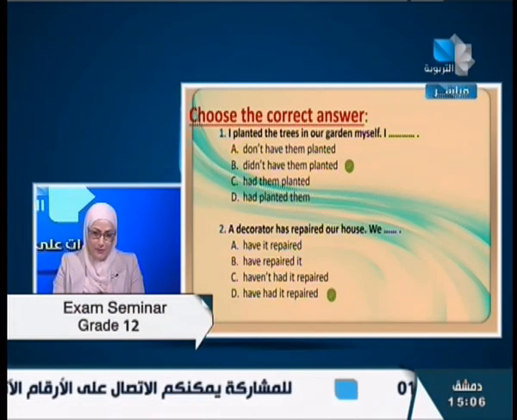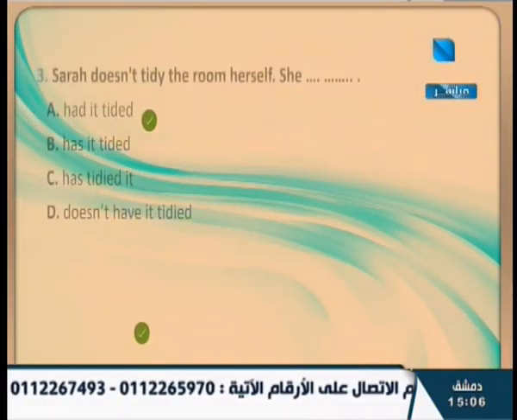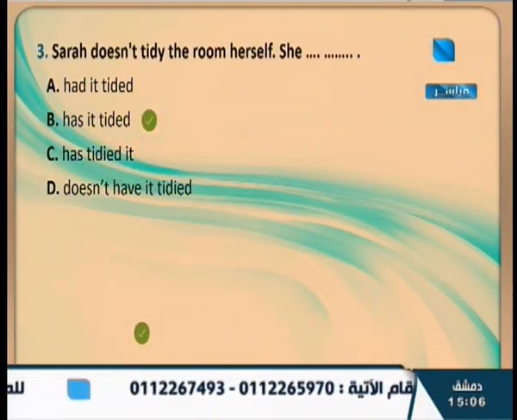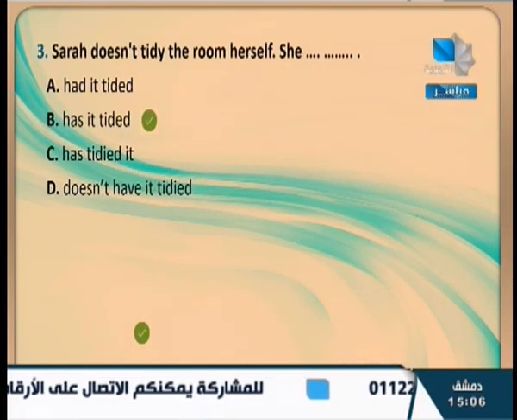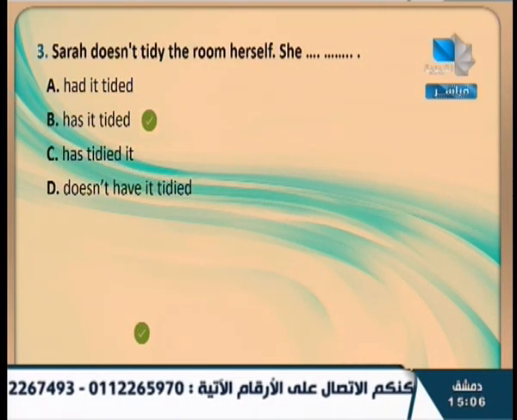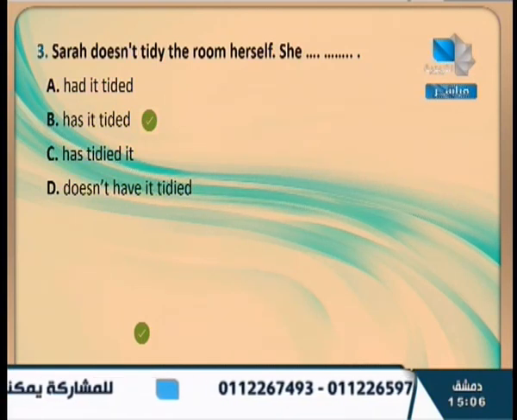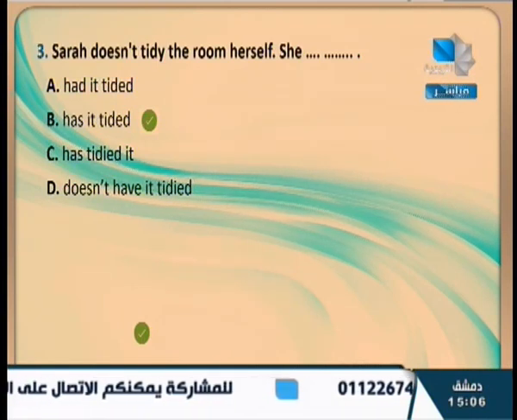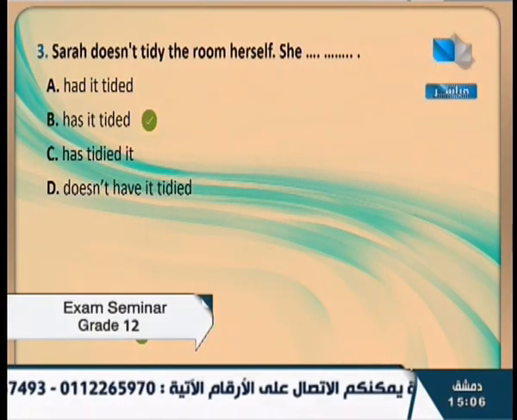Number 3, Sarah doesn't tidy the room herself. She had it tidied, has it tidied, has tidied it, or doesn't have it tidied. The correct answer here is has it tidied, because Sarah arranges for someone else to tidy the room for her. She doesn't do it by herself.